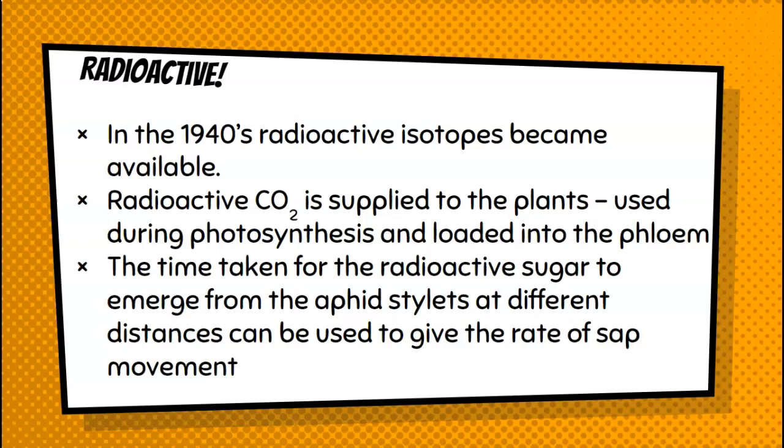So at different time points, they let the aphids eat the plant, then knocked them out, took their stylets, and analyzed the phloem to see how quickly the sap was moving. They could tell because some of it would be radioactive and some of it would not be. They kept doing this until the radioactive sap was everywhere in the plant. That's how we figured out how phloem moves sap.